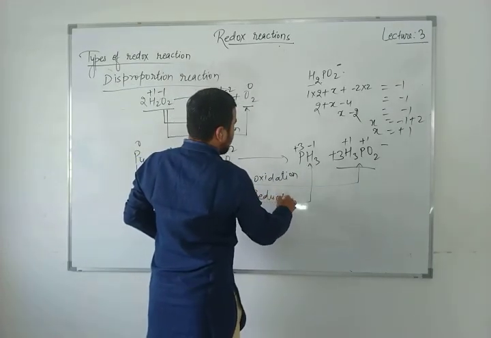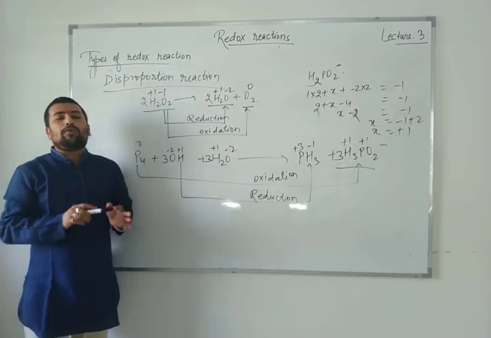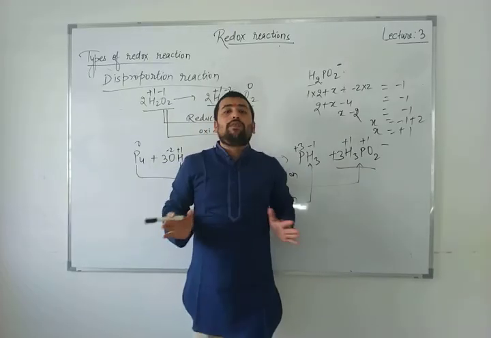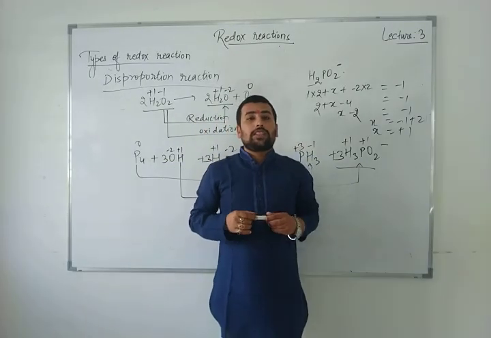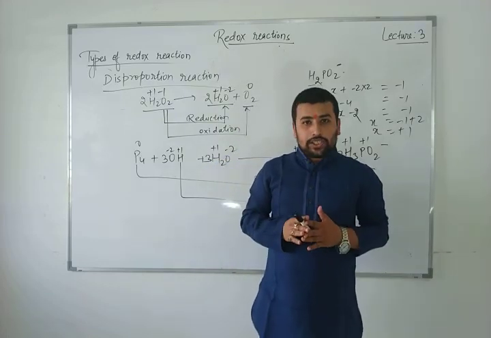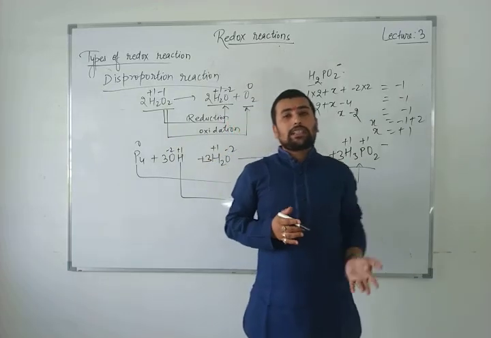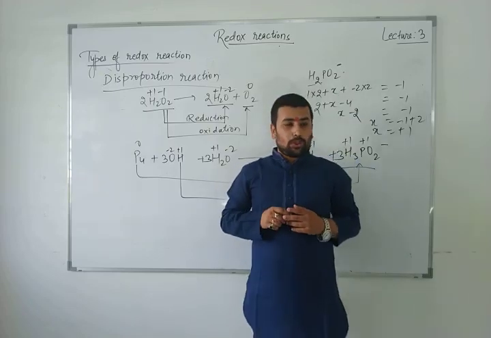Can we say that this reaction is a redox reaction? Definitely we can say. So you should never forget these types of redox reaction: combination redox reaction, decomposition redox reaction, displacement in two types, metal displacement and non-metal displacement, and the final one is the disproportionation reaction.